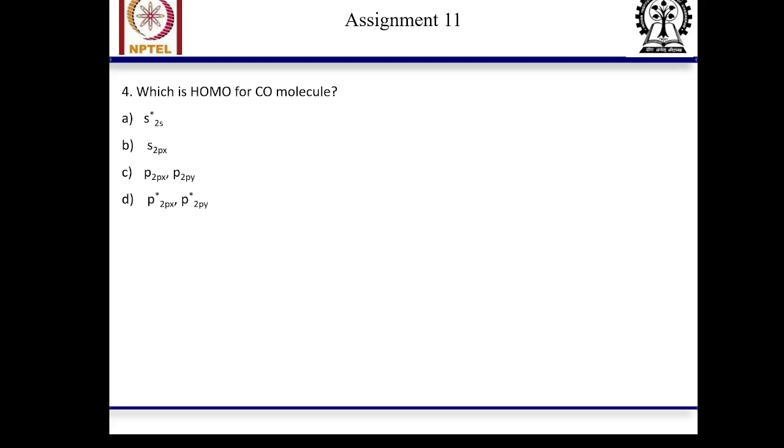Options: sigma star 2s, sigma 2px, pi 2px, pi 2py, pi star 2px, pi star 2py. Can anyone tell what is the answer for this question?